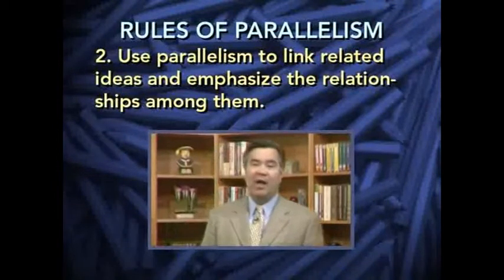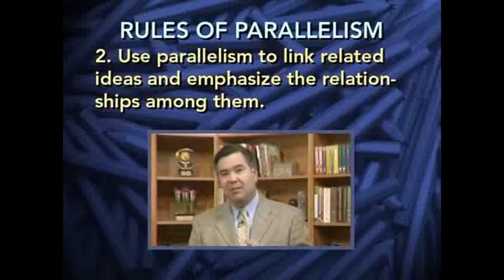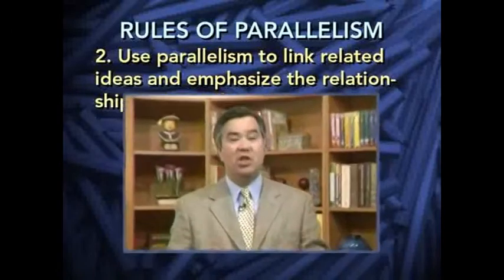Very often when we write English sentences, we are including two or more ideas in the same sentence that have some close relationship to one another. Sometimes those ideas help to prove or demonstrate the same point. In other cases, the two ideas may have a relationship of contrast, that is, they disagree with one another.